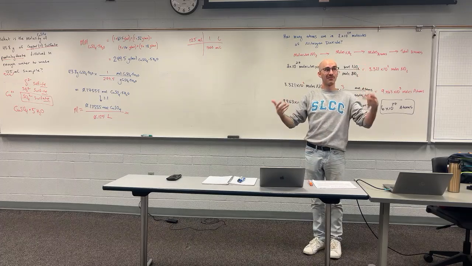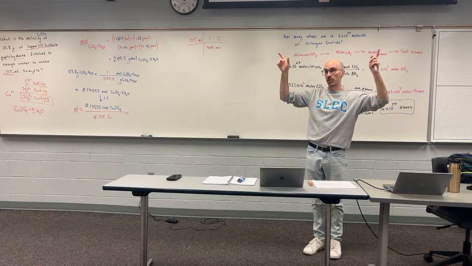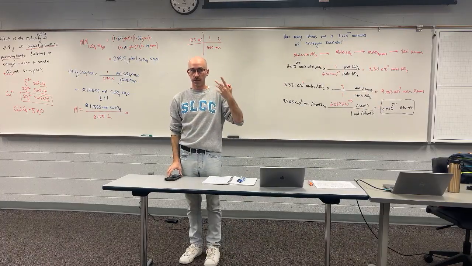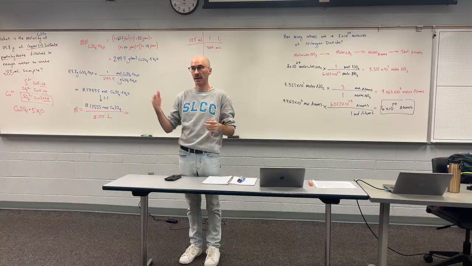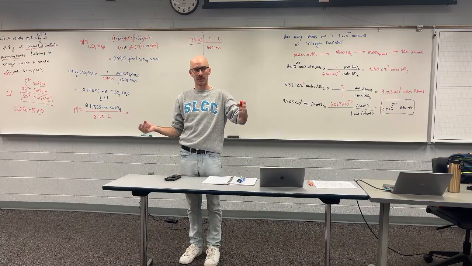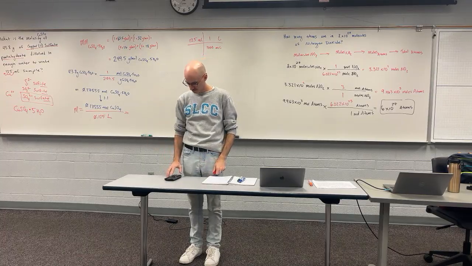Larger. When I divide by a number less than 1, the number on top gets larger. I love just mentally checking that my calculated answer agrees with my expected answer. I expect that this will be a larger number at the end.